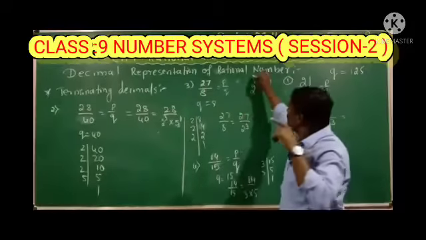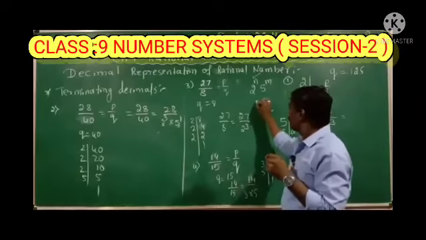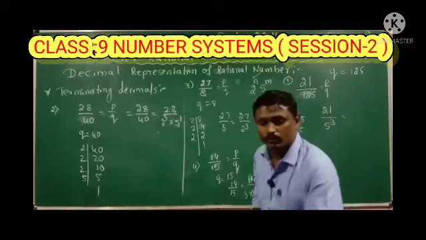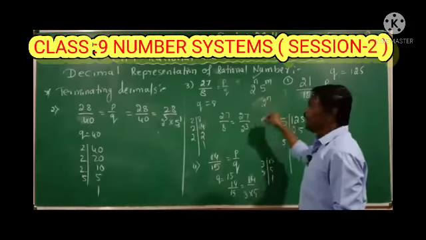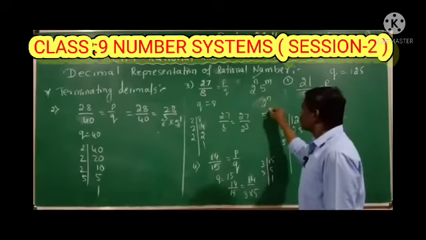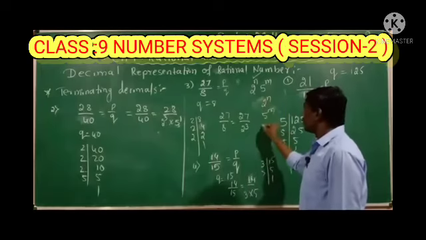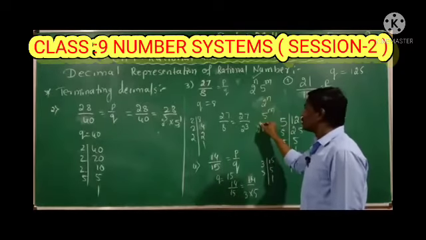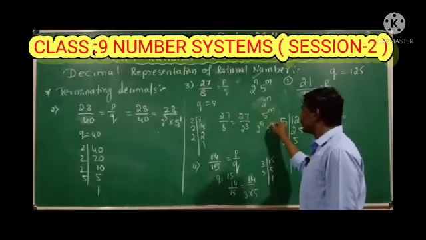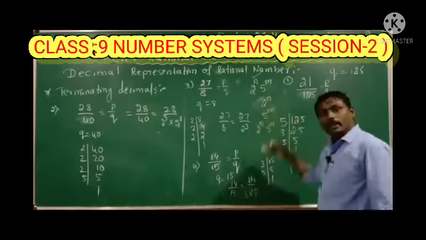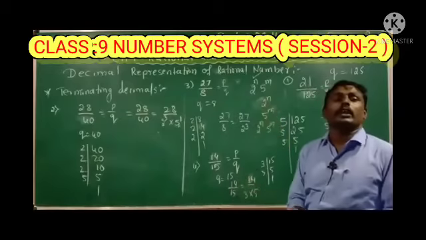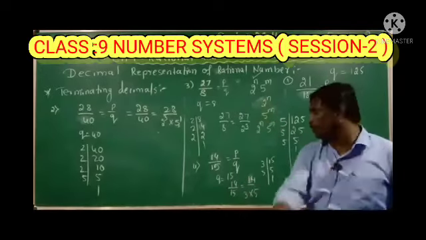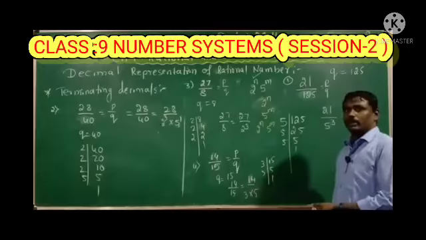It may be in the form of 2 raised to n, or it may be in the form of 5 raised to m, or it may be in the form of both 2 raised to n and 5 raised to m. If I am getting numbers other than 2 and 5, that is the example for non-terminating.